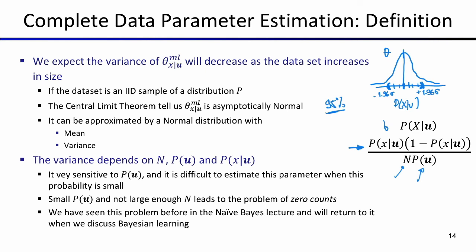So in summary, we need to be very careful in the case that we have these small probabilities for a certain instantiation of the parents for the parameter that we are computing, because if we have this small probability of u and we don't have a very large data set, we may end up with zero counts. And zero counts is a problem because you're going to have undefined probabilities, right?